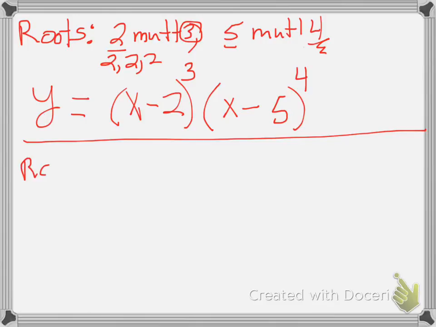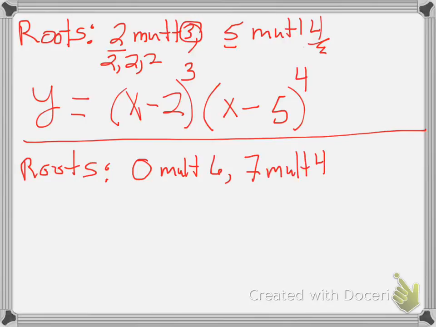Let's do another one. Let's say we told you that the roots were 0 with a multiplicity of 6, 7 with a multiplicity of 4, and 3.